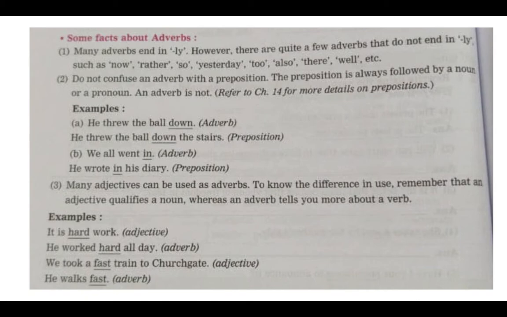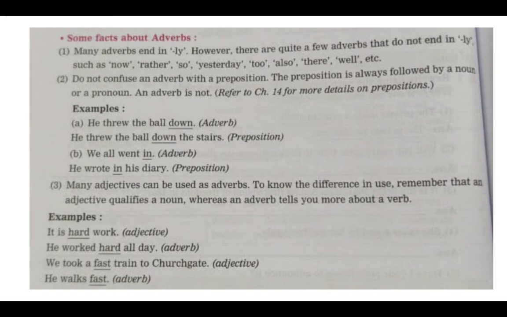Many adjectives can also be used as adverbs. Remember this, please mark that also. To know the difference in use, remember that an adjective qualifies a noun, whereas an adverb tells you more about a verb. For example, it is hard work. What kind of work is it? Very hard.